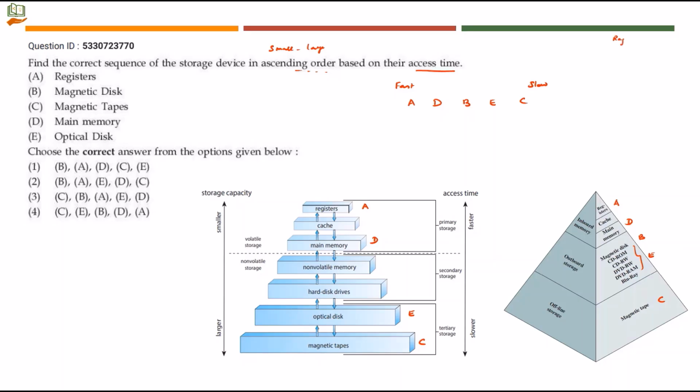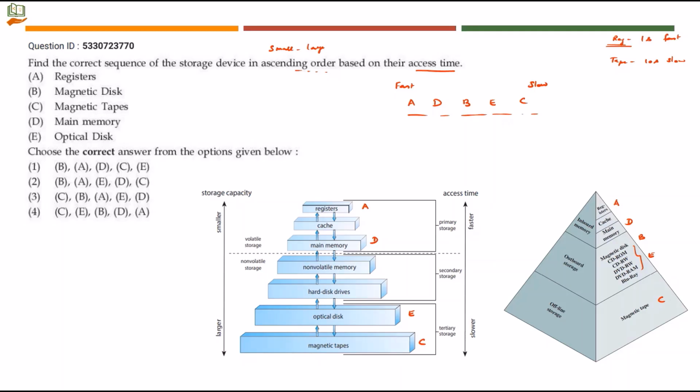For registers, if you are going to access it in 1 second, for tape you may take 10 seconds. So this is fast access time and this is slow access time. If you go by this order, which is first in ascending order, registers will stand first in ascending order. So ADBEC will be the correct order of this particular question.